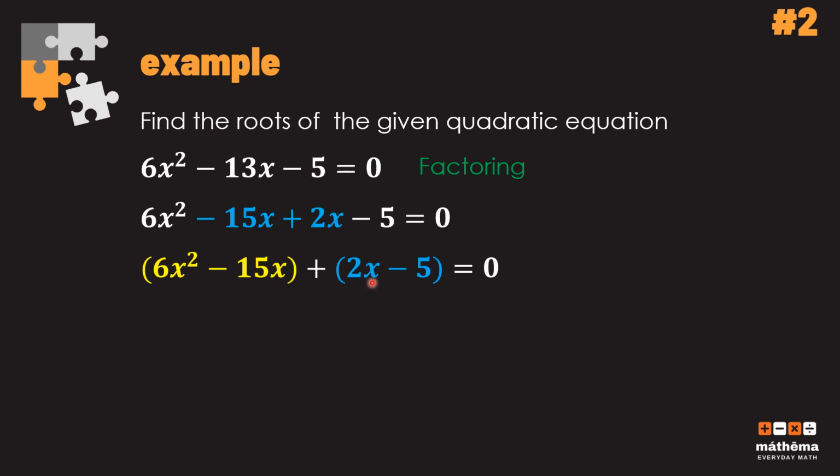Now, I want us to notice that in our first group, 6x squared minus 15x, we can actually find a common factor, which is 3x. So if we are going to factor out 3x, what will remain from 6x squared is just 2x. What will remain from negative 5x is just negative 5.